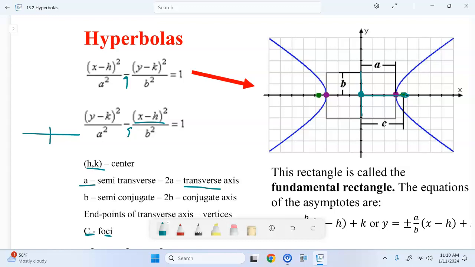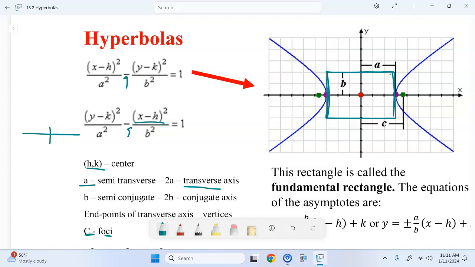But what it does do is create the dimensions for something we call the fundamental rectangle. And that's this box here. Okay? Our conjugate axis gives us that other dimension on the perpendicular side to our vertices. And what's important about that box is that it gives us these asymptotes that tell us kind of how wide or narrow our hyperbola is going to open.